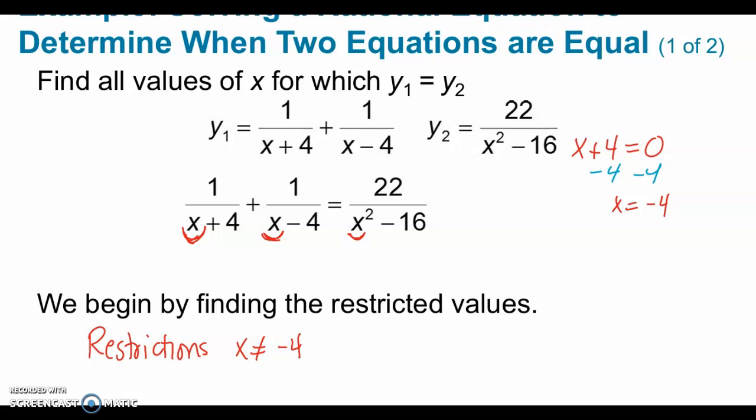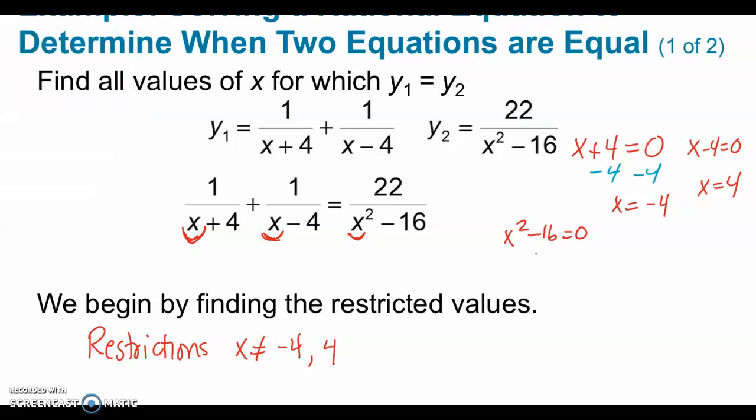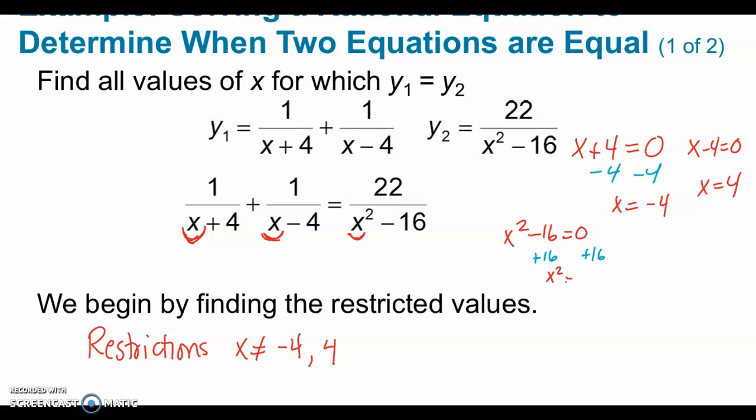Then I'll take the next one and say x minus 4 is equal to 0. Add 4 to both sides, I get x equals 4, so x cannot be 4. Then I'll do the same thing with the denominator on the right hand side. This one is a quadratic equation, and there's a different way to solve quadratics, but because this one has no middle term, we can isolate the x squared by adding 16 to both sides.